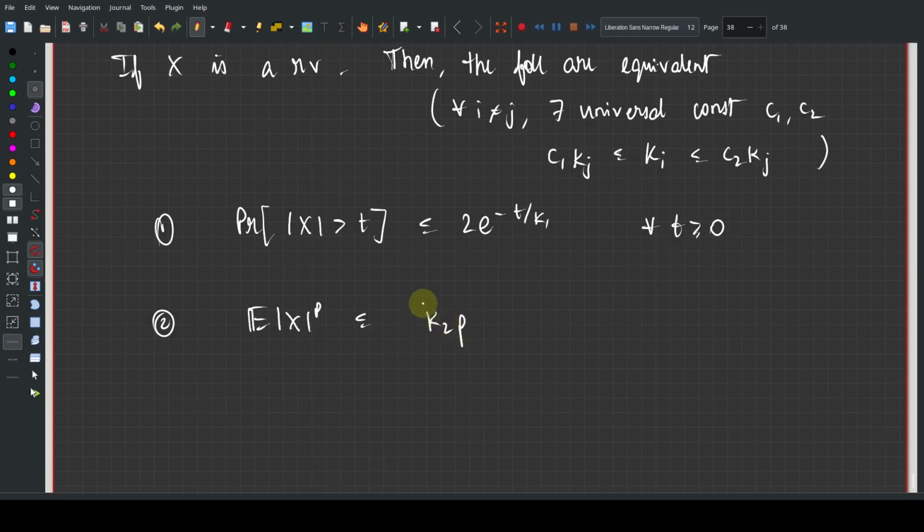So K2 times p, whole raised to the power p. Alright, so you can sort of expect this because sub-Gaussian tails are where you have the decay being very fast. Sub-exponential tails basically decay exponentially but slightly slowly. Right? So naturally you would expect the moment to also be slightly larger. The moments don't fall that quickly.